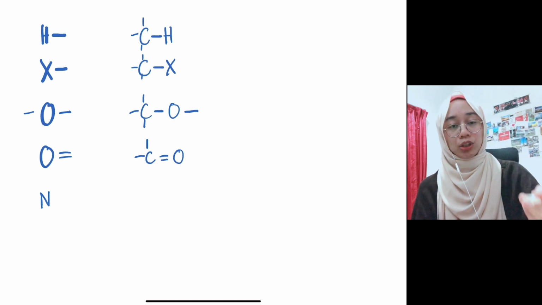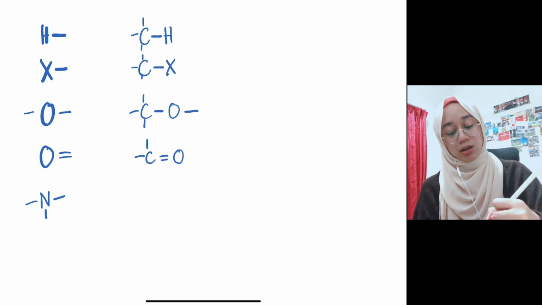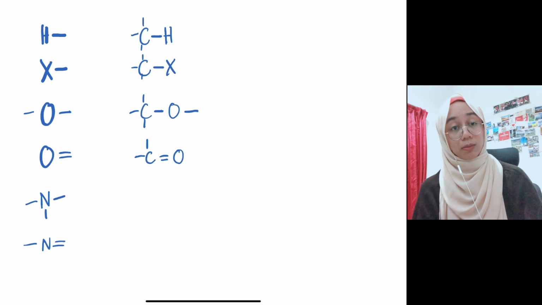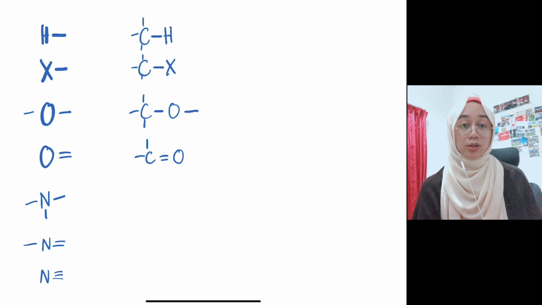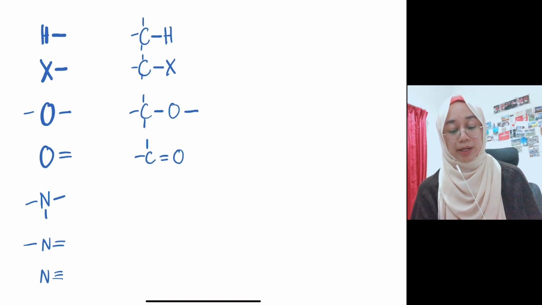Okay, so kalau 3 covalent bond bermaksud nitrogen ni ada 3 possibility dia. Sama ada semuanya adalah single bond, ataupun ada 1 double bond, 1 single bond, or it can be triple bond terus. Okay, so Miss tak tunjuk untuk contoh yang single dengan double, tapi Miss teruskan pergi kepada yang triple bond.